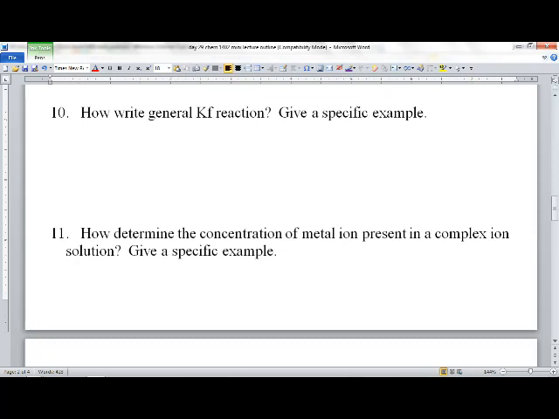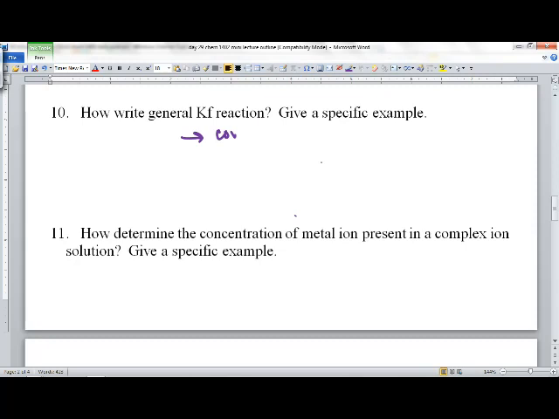F is for formation. What are we supposed to be forming? What type of ions? Complex ions. Okay. So how do you write a general KF reaction? Complex ion goes, the F is the hint. Is it a reactant or a product? Product, so you're supposed to be forming it.